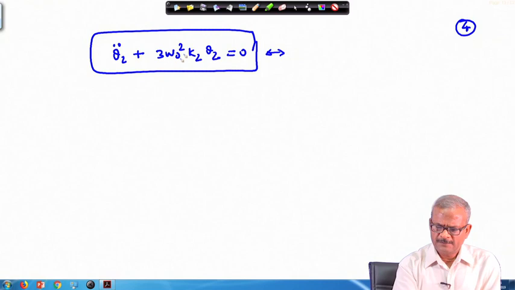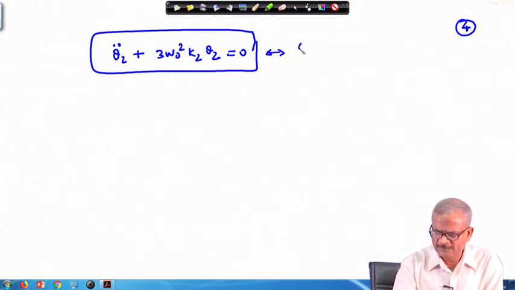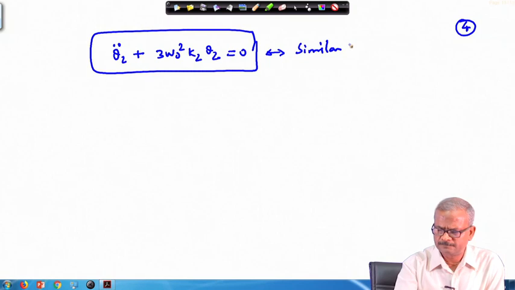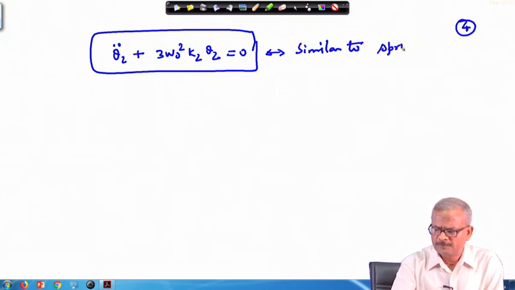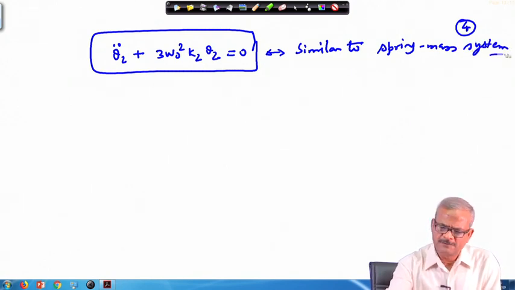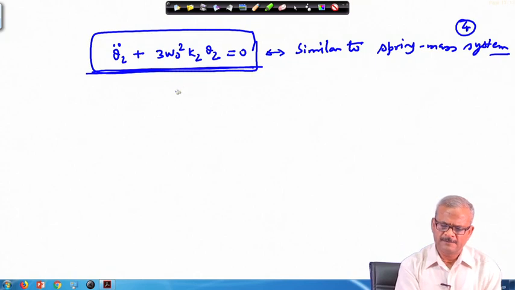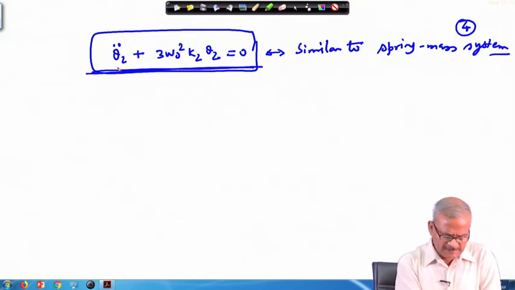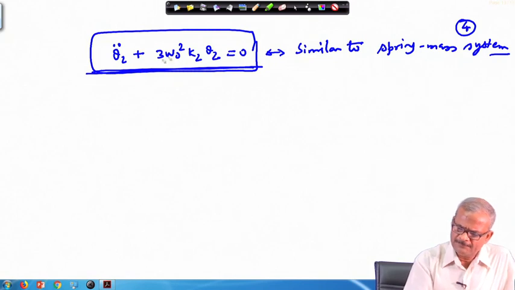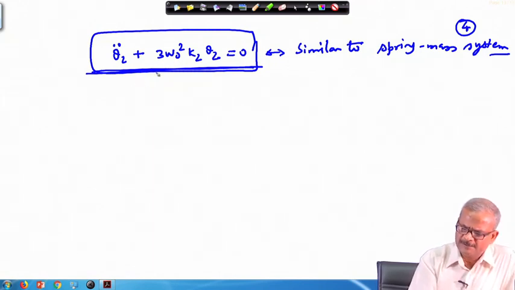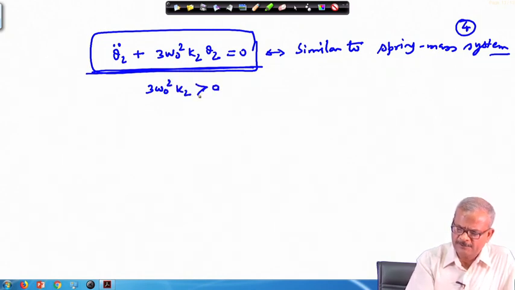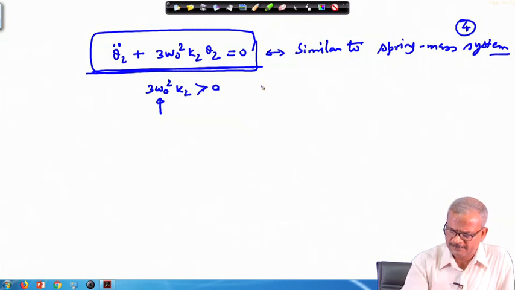And if you remember, this is similar to a spring mass system. So, if we are looking for stability of this kind of system, we must have 3 omega 0 square times k 2 greater than 0, and this quantity is always positive. Therefore, k 2 should be greater than 0.